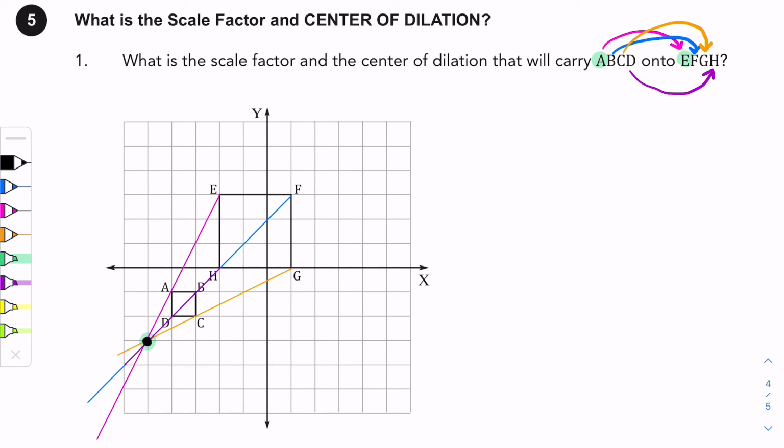That's going to be your center of dilation. So we did that by drawing lines using the slope. This point is at (5, -3).